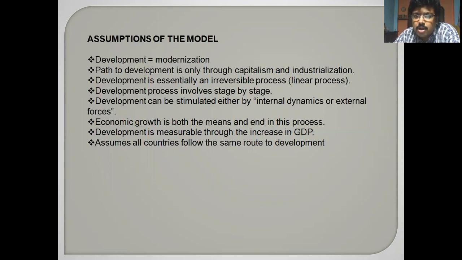Development is essentially an irreversible process. It is a linear process. According to Rostow, development is a linear process. The development process involves stage by stage. There are five stages in Rostow's model.